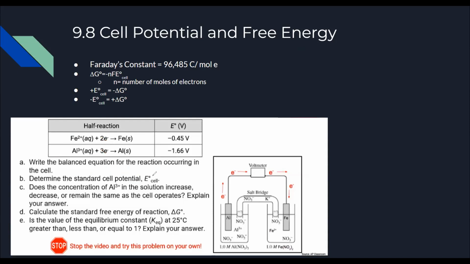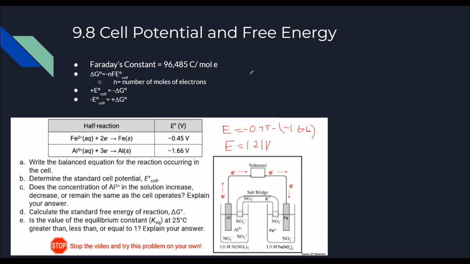So for E cell, E equals E cathode, which the cathode is Fe, so negative 0.45, minus E anode, which is negative 1.66. And E will equal 1.21 volts.